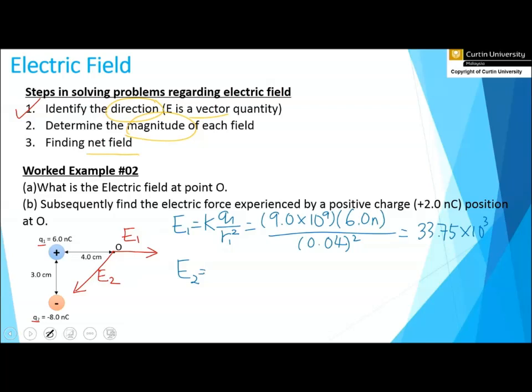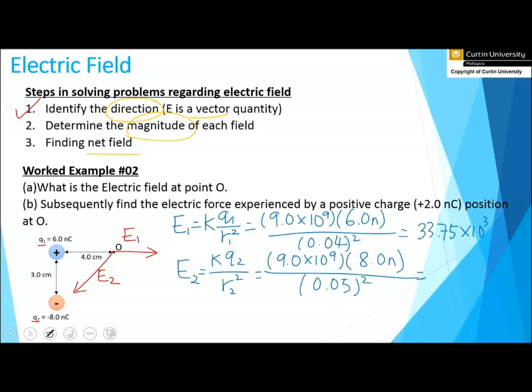And E2 is K Q2 divided by R square. So 9.0 times 10 to the power of 9. Okay, again, in this case, we do not put the negative sign because this is a vector. Okay, so the distance is 5 centimeter. So you get 28.80 times 10 to the power of 3. Okay, settle for second step.